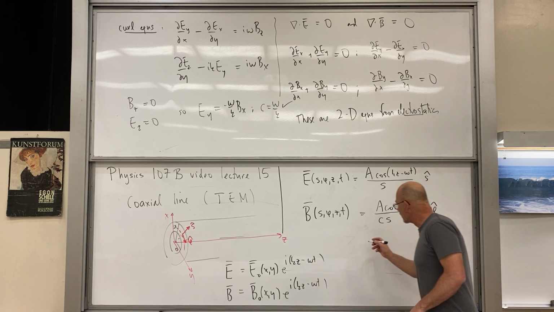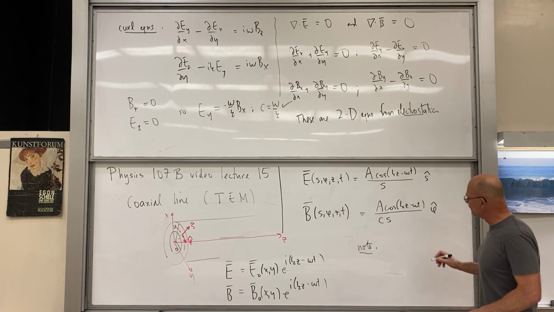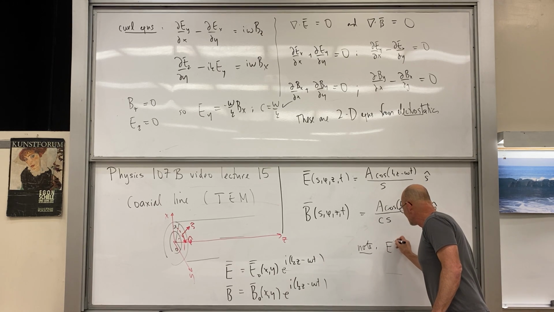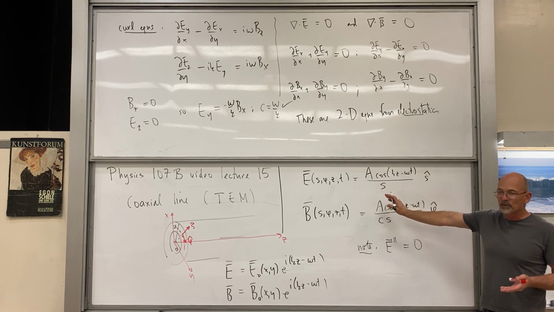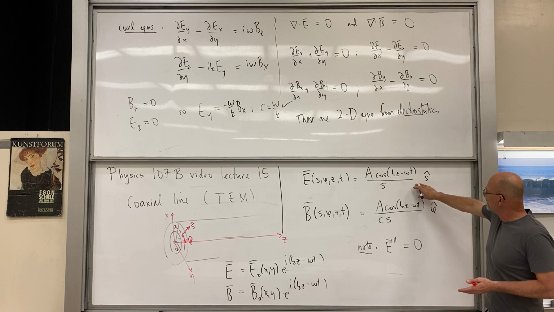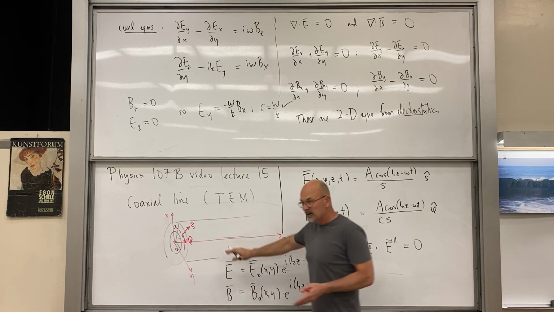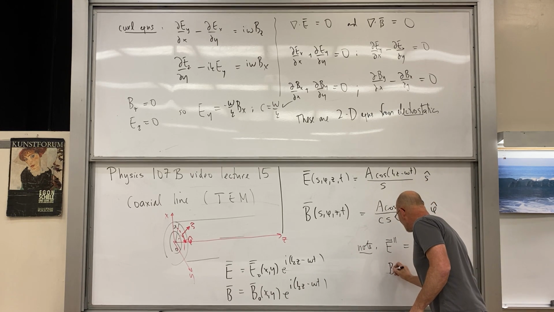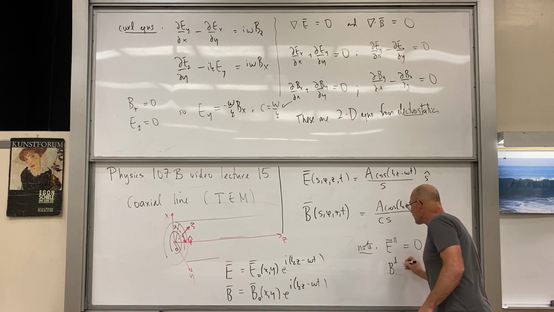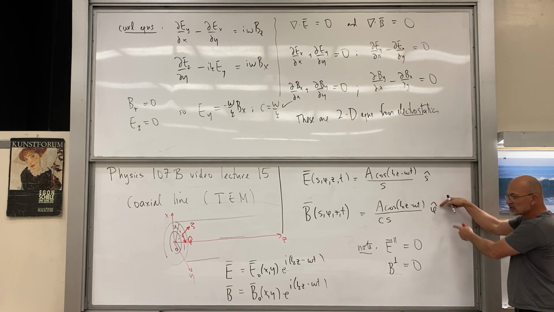An important note is the boundary conditions. They're just automatically fulfilled. E parallel is clearly equal to 0, almost by construction, right? The parallel component is going to be the phi hat and the z hat, which doesn't exist here. And then the perpendicular B field is also equal to 0 because the B field is proportional to the phi hat.